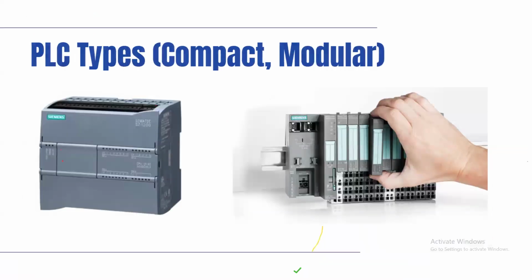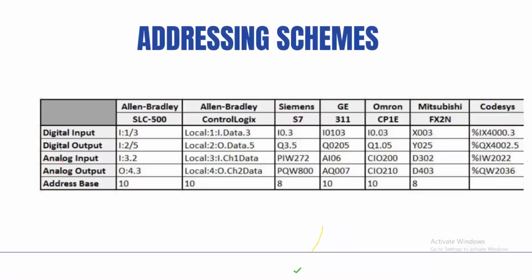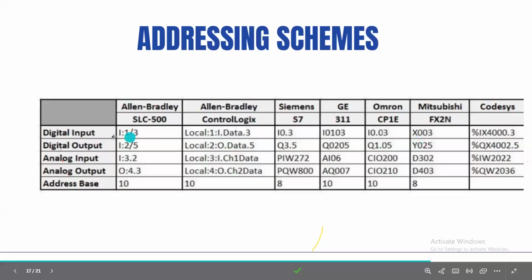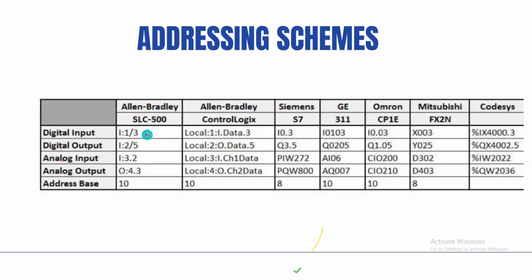All right. So I think I already covered most of what I wanted to say. The last part is just the naming conventions for PLCs. So you have digital inputs, just to show you what it would look like. For Allen Bradley SLC 500, you have I:1/3, which means this is a digital input signal, on slot 1, and it is input 3.